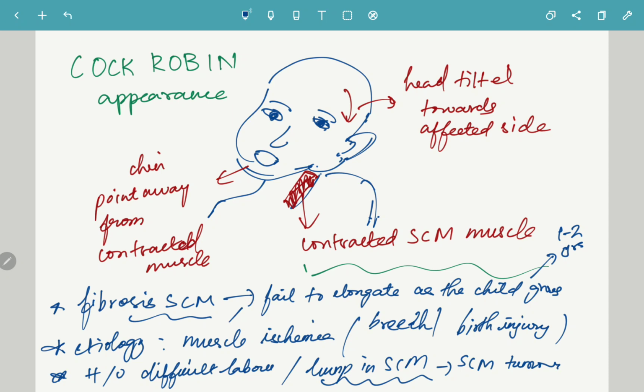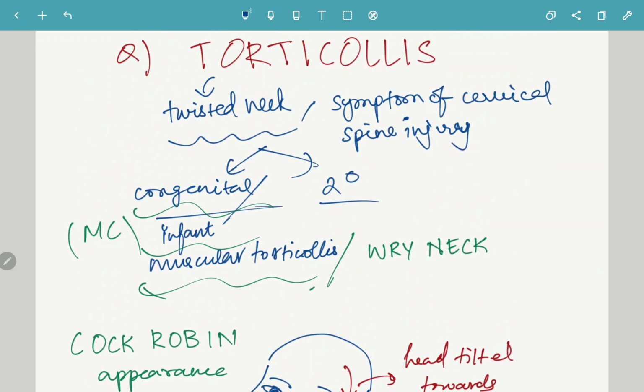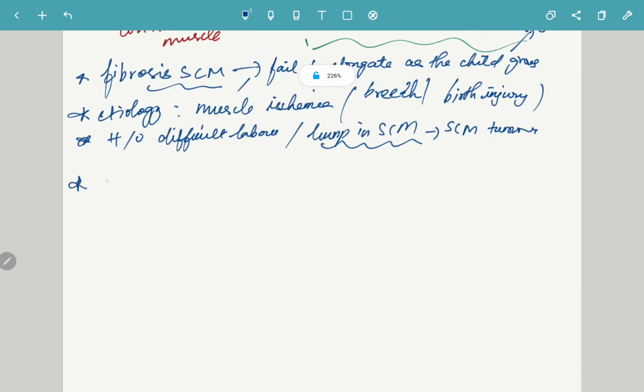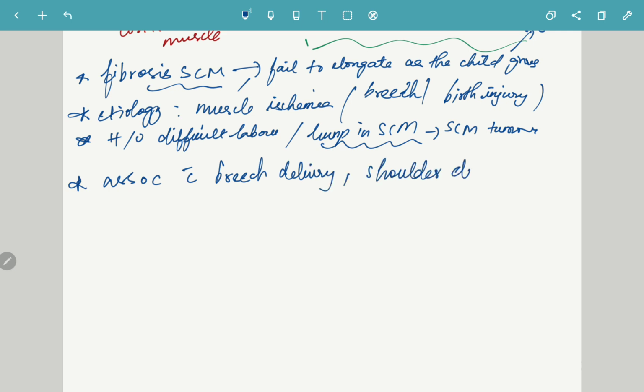The etiology is associated with breech delivery, shoulder dystocia, birth injury, and sternocleidomastoid ischemia or tumor.